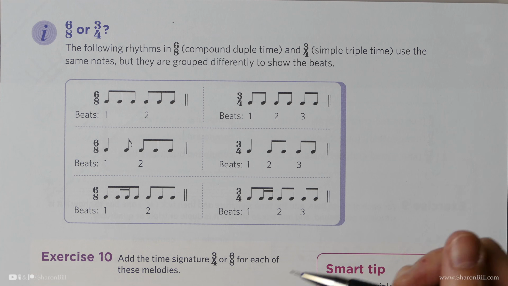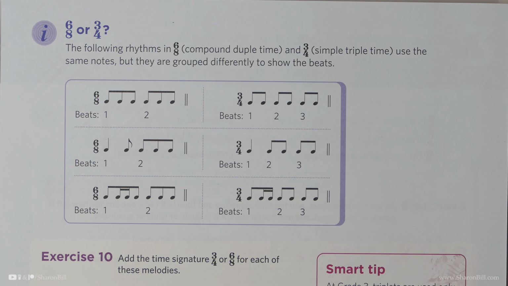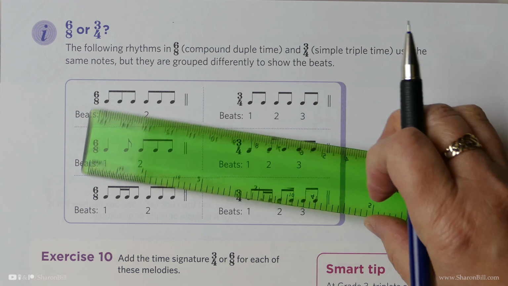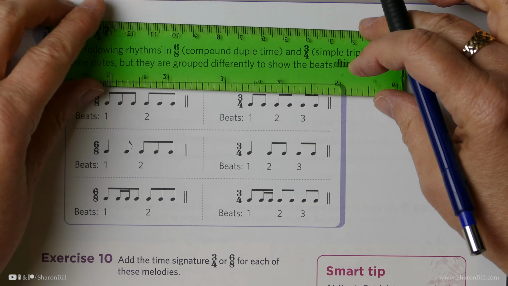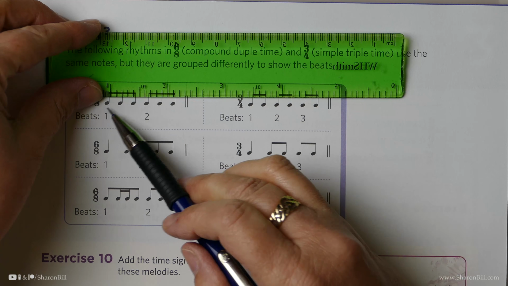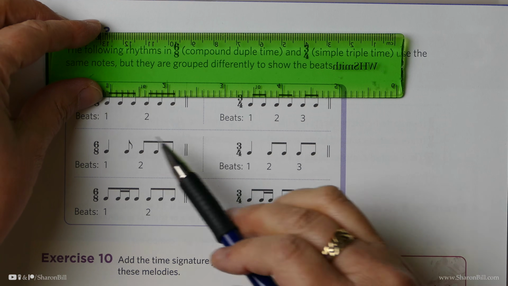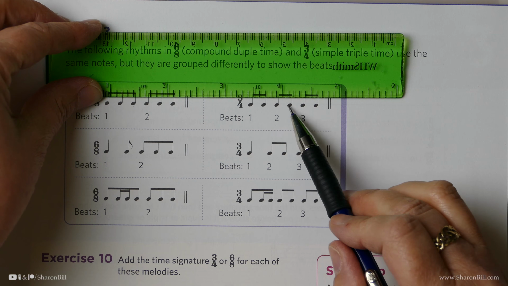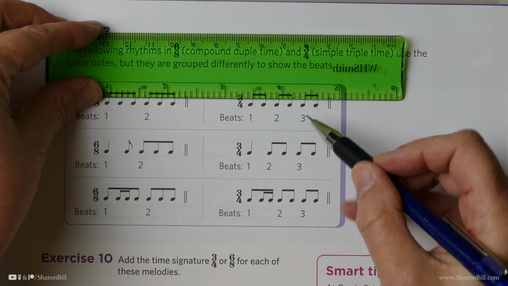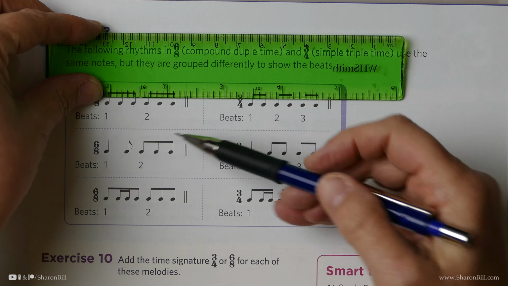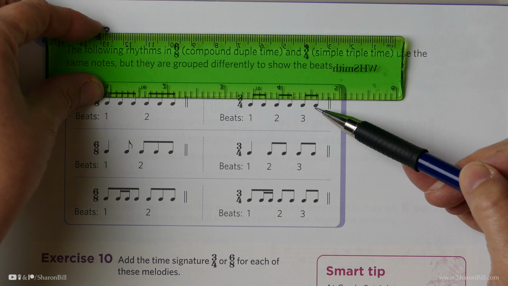Because if you're just counting the number of quaver beats per bar, you'll find that there are the same number of beats. If you ignore how it's beamed, we can see 1, 2, 3, 4, 5, 6 quaver beats, 1, 2, 3, 4, 5, 6 quaver beats. And so just counting the number of quaver beats won't tell you whether it's 6/8 or 3/4.